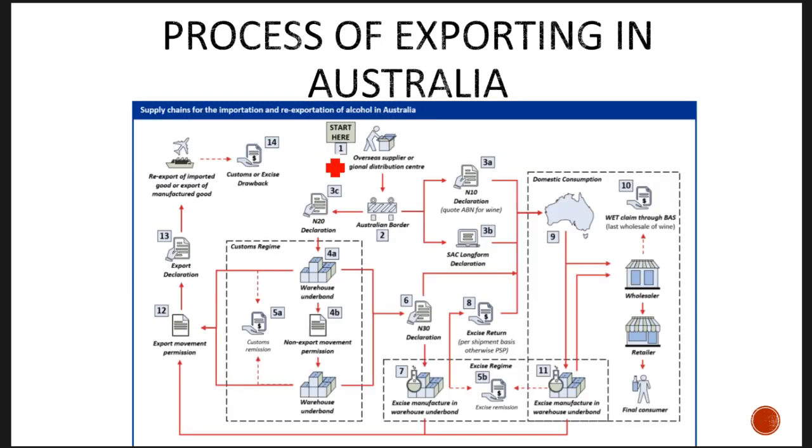And we'll be looking at the exporting process in Australia. So this is an example of the supply chain for the importation and re-exportation of alcohol in Australia.